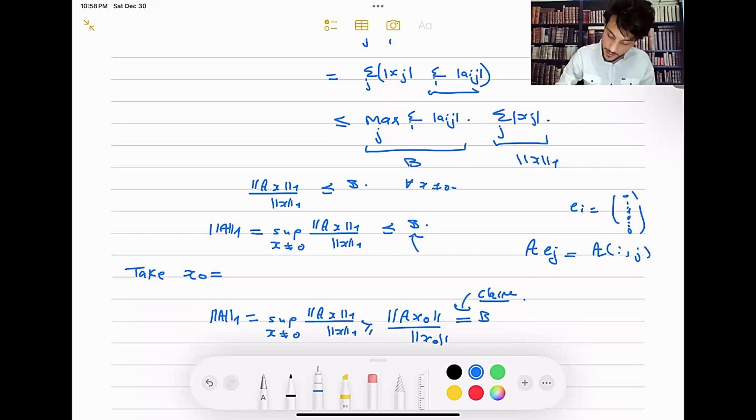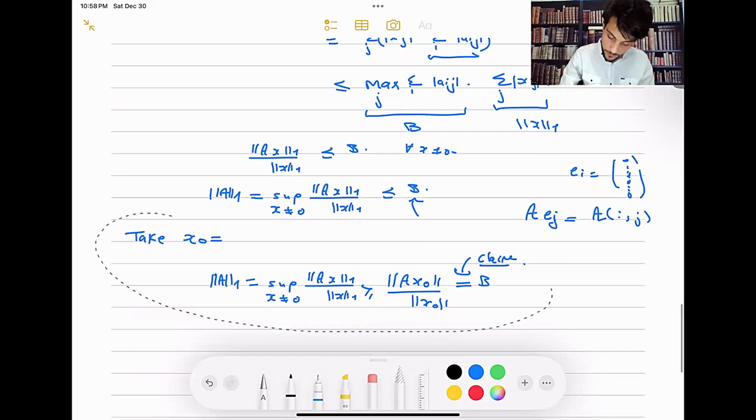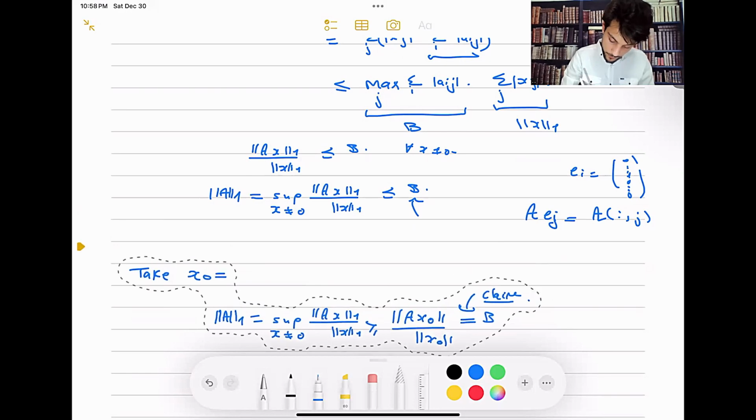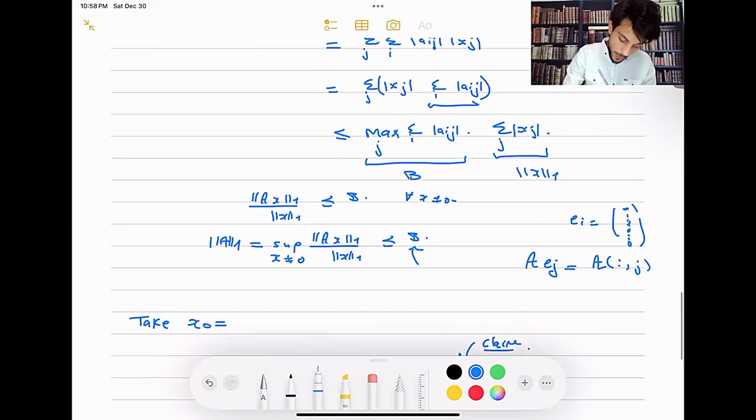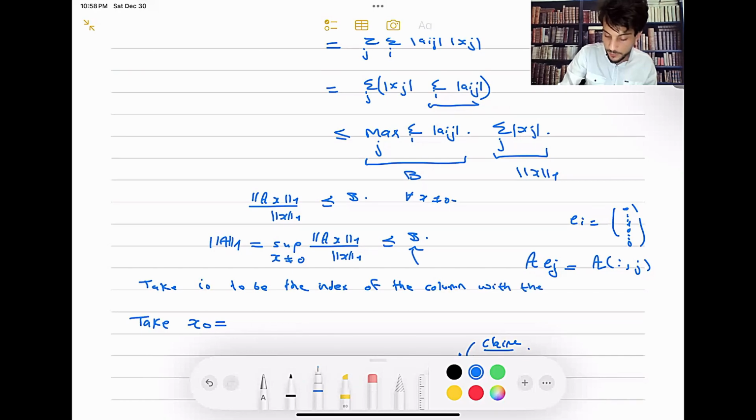So let's say, take i0 to be the index of the column with the maximum sum, which is B in this case.